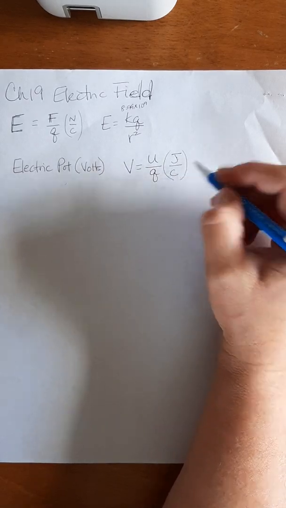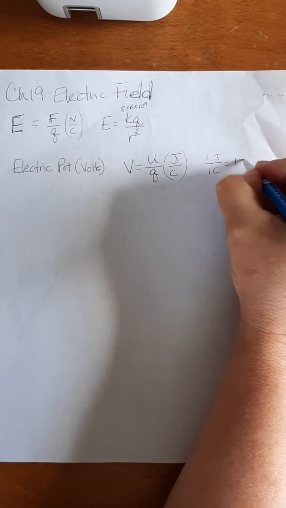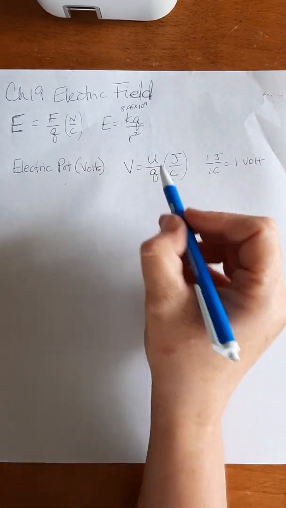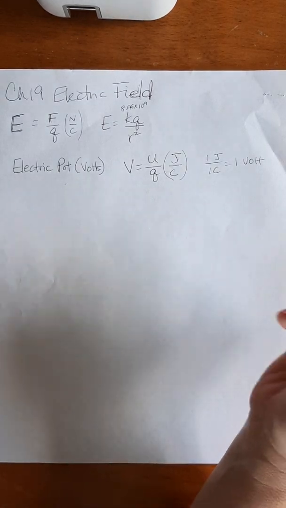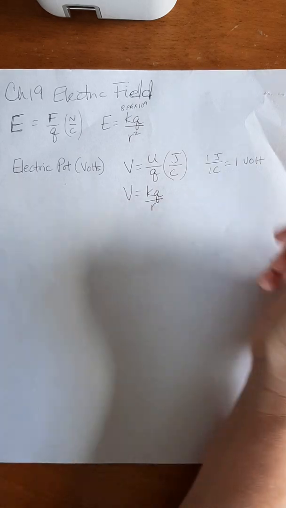A joule over a coulomb is 1 volt. So that's why electric potential is measured in volts. The other formula for it is KQ over just R.